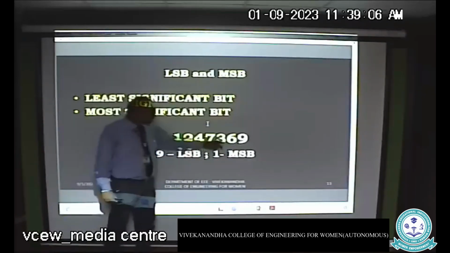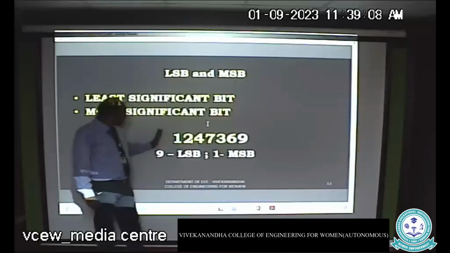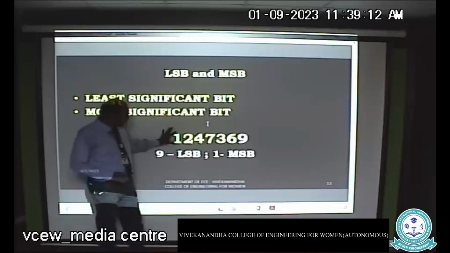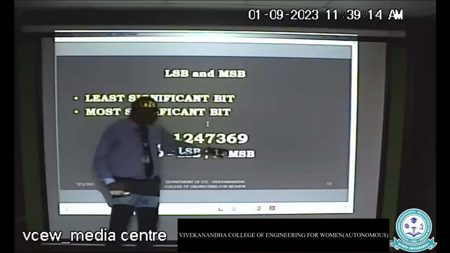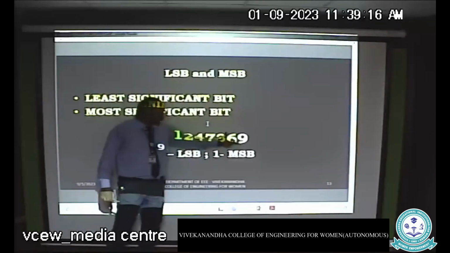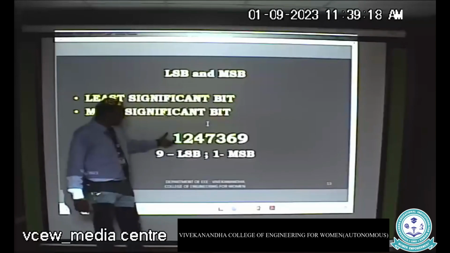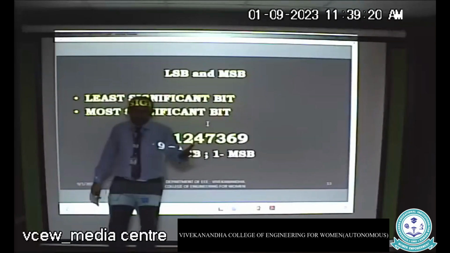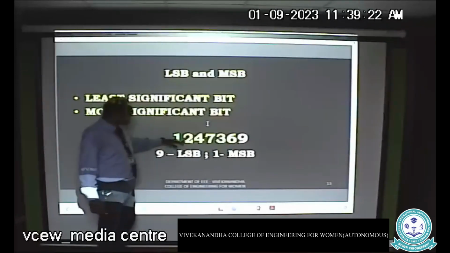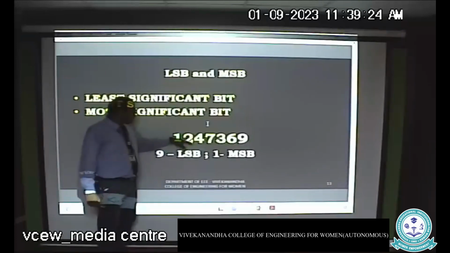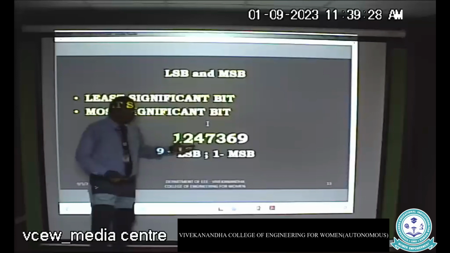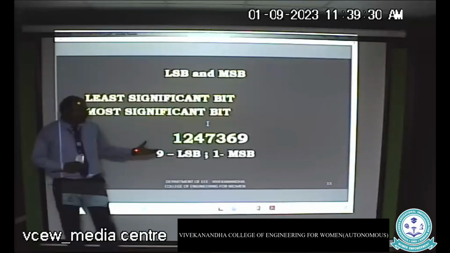And the digit in the leftmost corner, the digit 1, is called the most significant bit because it is carrying the highest weightage. So we can call it 12,47,369. This one here, put it in green color.